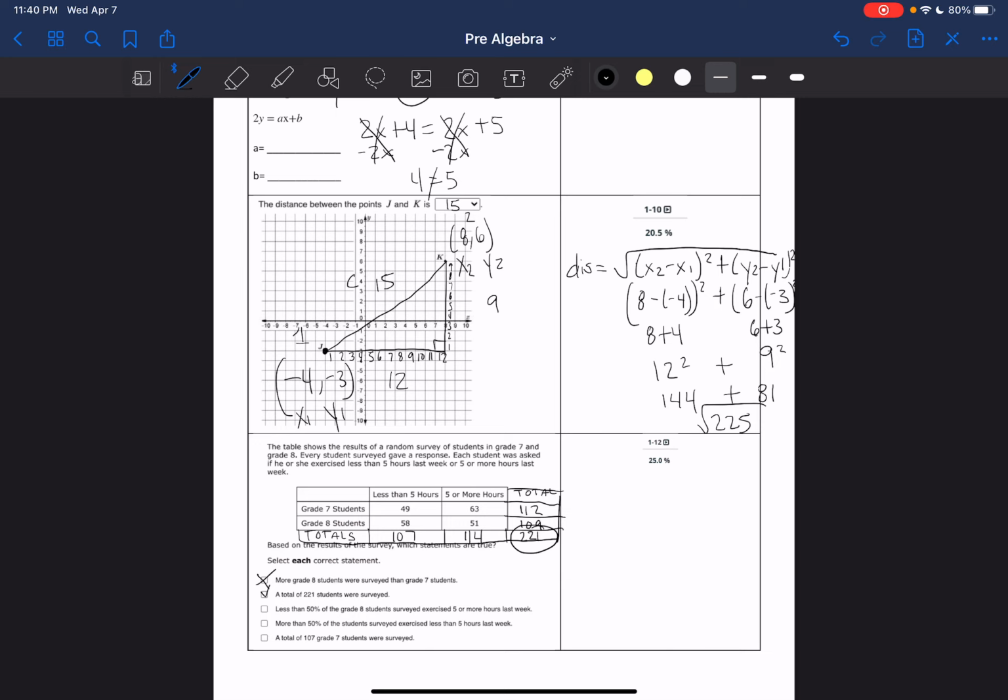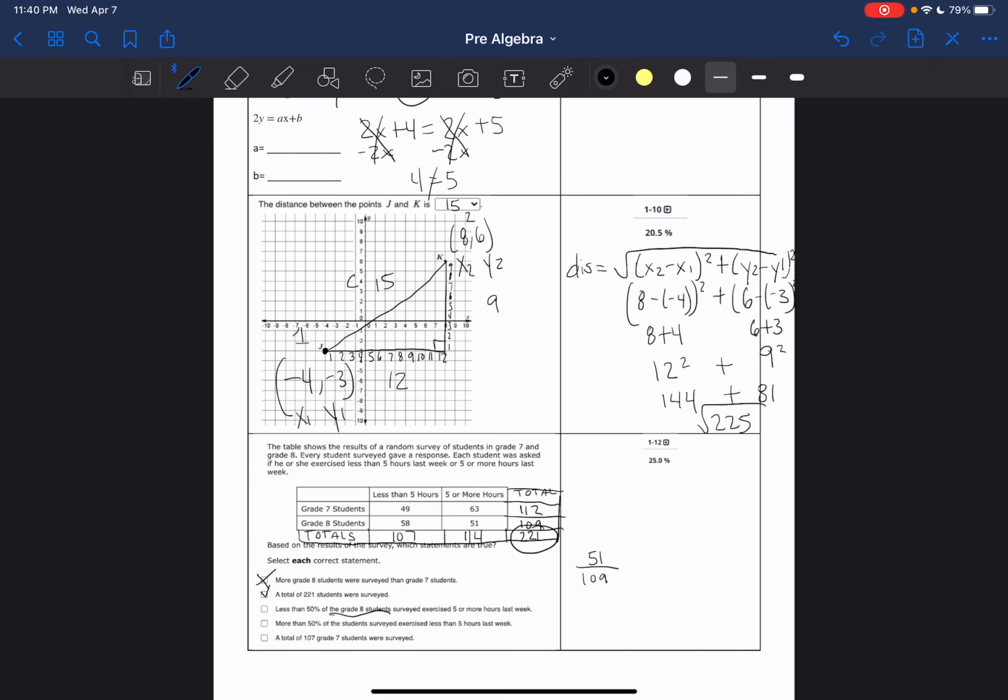All right, now we're going to see less than 50% of the 8th grade students surveyed. So we always look after the word of to find our denominator. 8th grade students surveyed, which is 109. That would be our denominator. Exercised 5 or more hours. Well, 5 or more hours of 8th grade students would be 51.